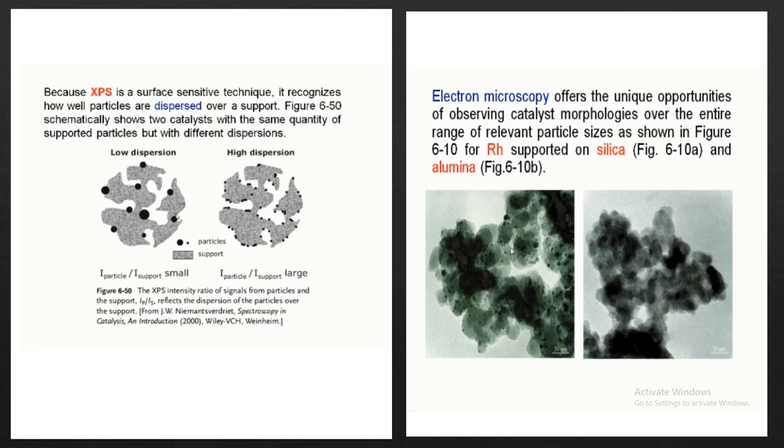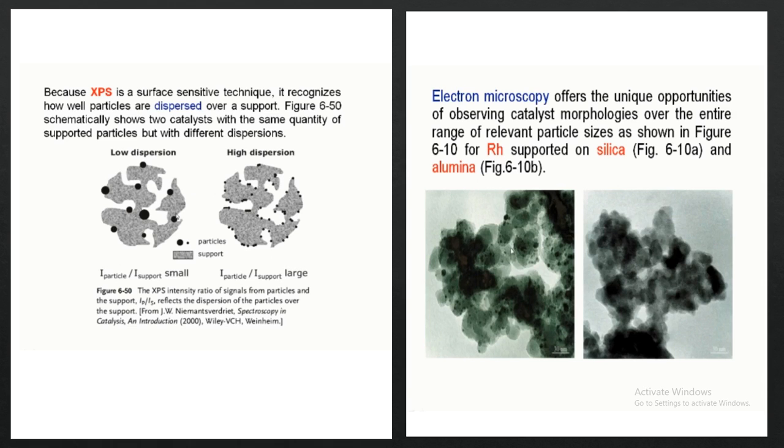So in this case, here you can see in figure 6.15, lower dispersion and highest dispersion. This has been characterization of heterogeneous catalysts and has been obtained from the XPS technique. The black dots represent the particles in both diagrams.